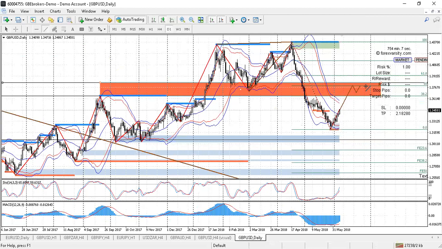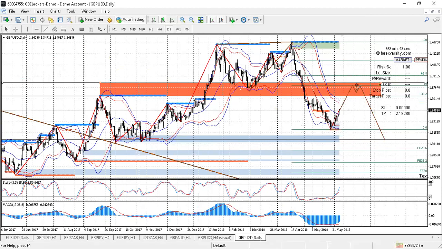And it doesn't mean to say, guys, that you have to take the trade on the daily. But if you know that it's likely to change direction at this point, and it's likely to go at least down to our target point, then what you would want to be doing is zooming in on the 4-hourly chart.